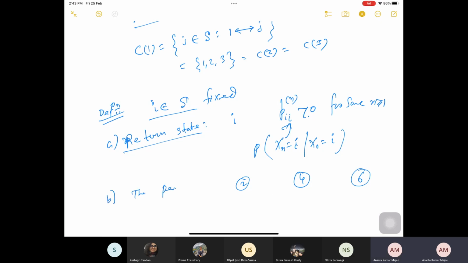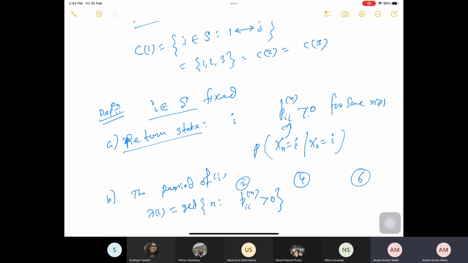The period of I is defined by, I denote as lambda I. This is nothing but the GCD of all those n such that P_ii of n is positive. Is it not? Because this said that for some n, I is a returning state, we know.